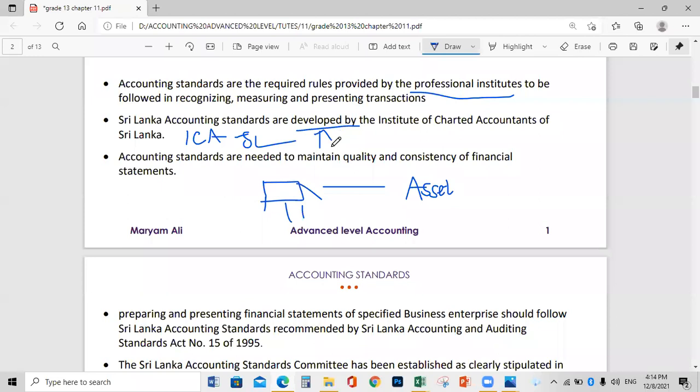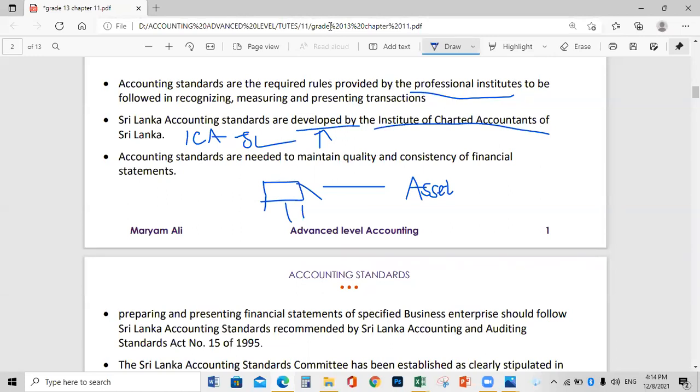Usually it is the UK that creates new standards. So what they do is take those international UK standards and make certain changes based on Sri Lanka's environment, conditions, and the laws given in parliament. They change them a little, and they develop them. Who does that? The Institute of Chartered Accountants of Sri Lanka.